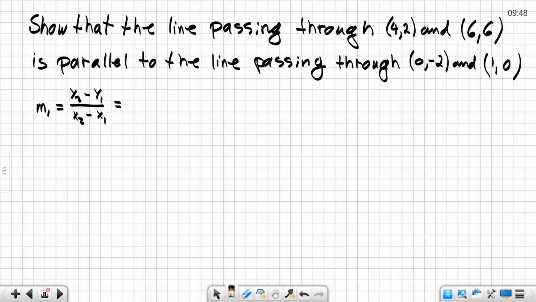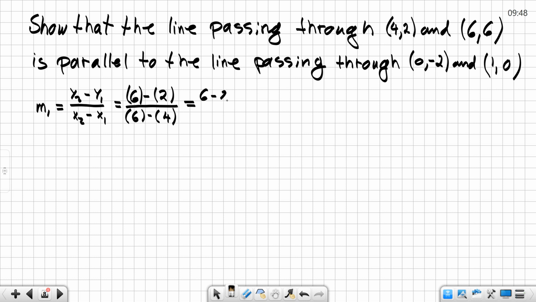So, let's have a look. y2 is 6 minus, let's put everything in parentheses, that is always the safest way to do this. 6 minus 2 divided by 6 minus 4.